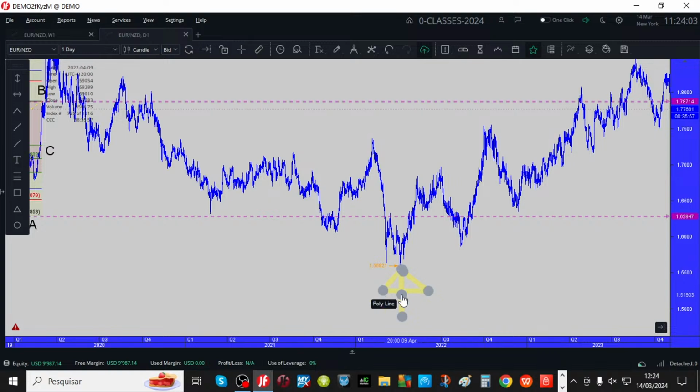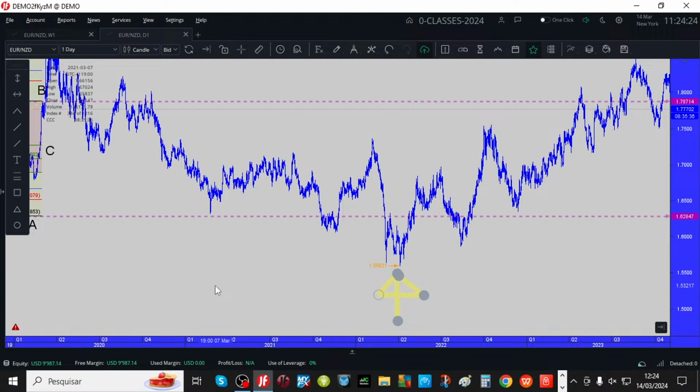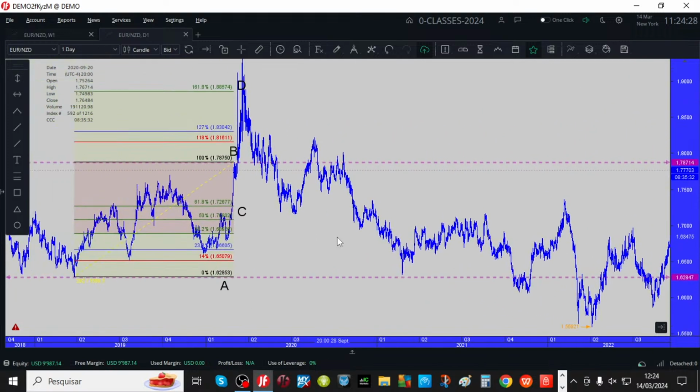Because you assume that the market is going to stop you out somewhere down. Does this make sense to you? You are assuming, oh, the market is going to stop me out for sure somewhere, so now I'm going to draw the up Fibonacci. This is the wrong way to go.